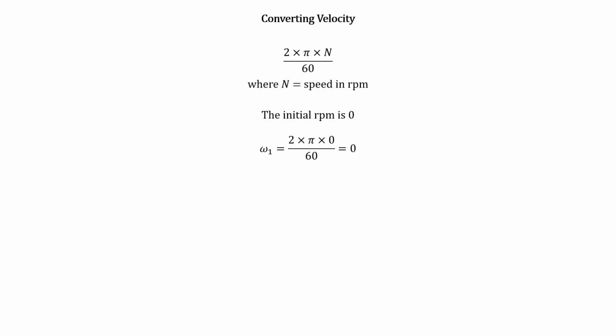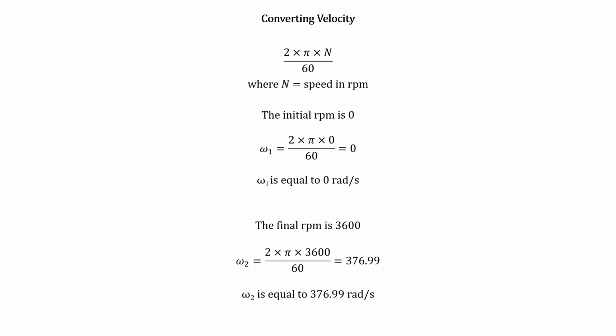The rest RPM is 0, so omega 1 is equal to 0. The final RPM is 3,600, which, when entered into the formula as 2 times pi times 3,600 over 60, comes to 376.99. Therefore, omega 2 is equal to 376.99 radians per second. The known elements are now in place for the calculation.